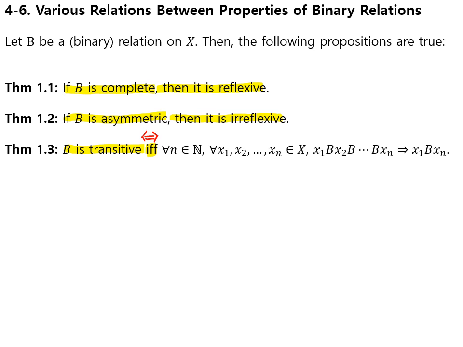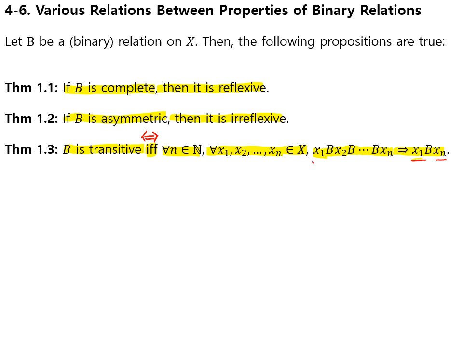What this basically says is that a relation is transitive if and only if, for all natural numbers n, and for any arbitrary n elements that we pick from the set X, if the first element x1 is connected to x2, and x2 is connected to x3, until we reach the final element, so the n elements are concatenated into a long chain that connects each previous element to the subsequent element by the binary relation B, then this implies that the first and the last one are also connected.